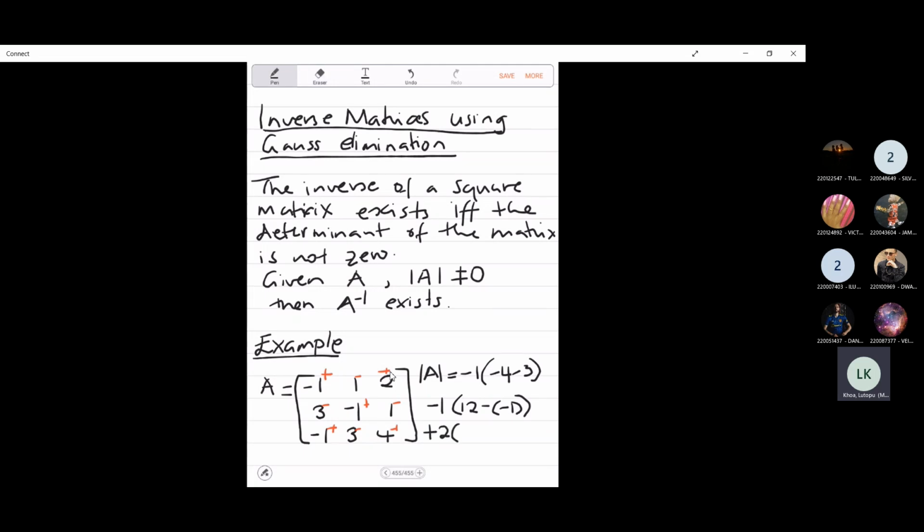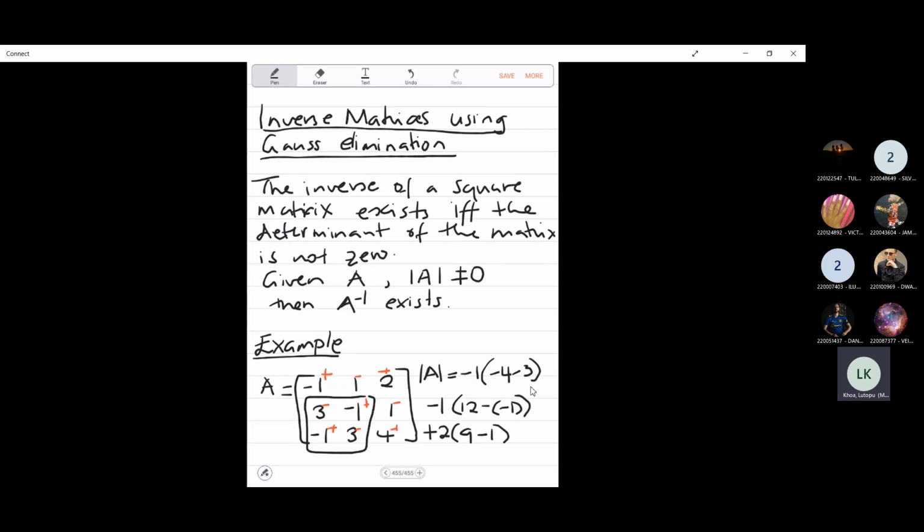If I remove the row that 2 is in and the column that 2 is in, I am left with this matrix over here. So I work out its determinant: 3 times 3 is 9, and then 9 minus -1 times -1, which is just 9 minus 1.